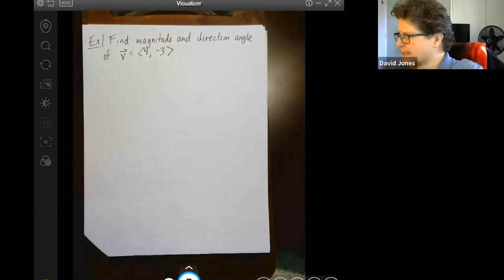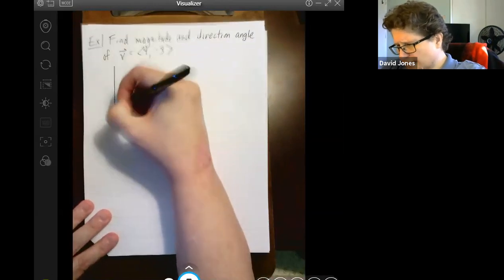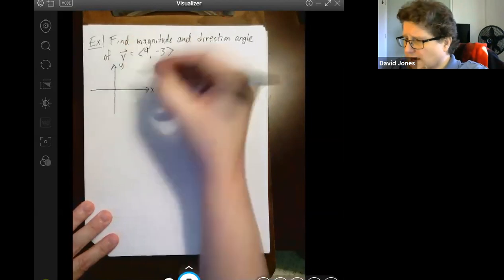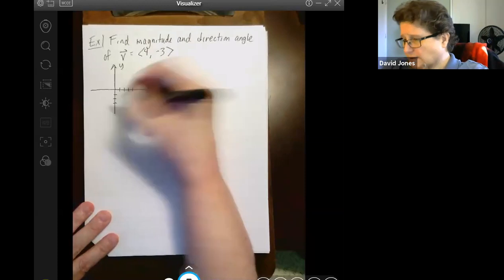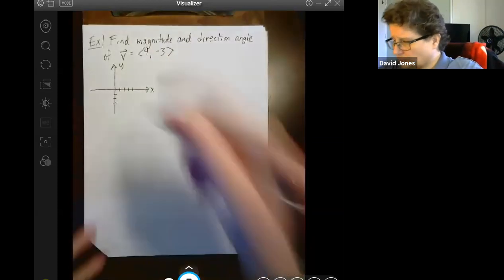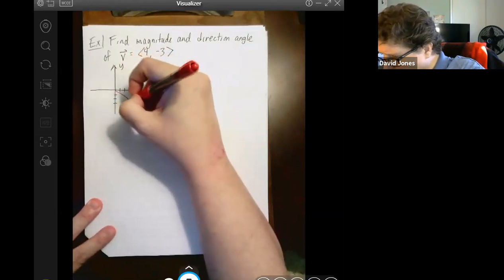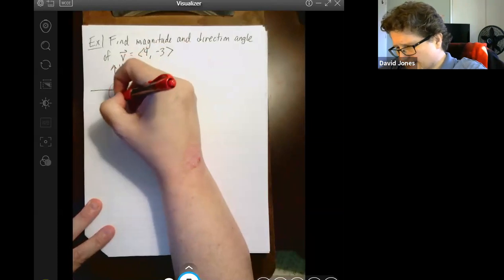So what does that tell us? That tells us we have a vector that starts at the origin and ends at the point 4, -3. This is theta.